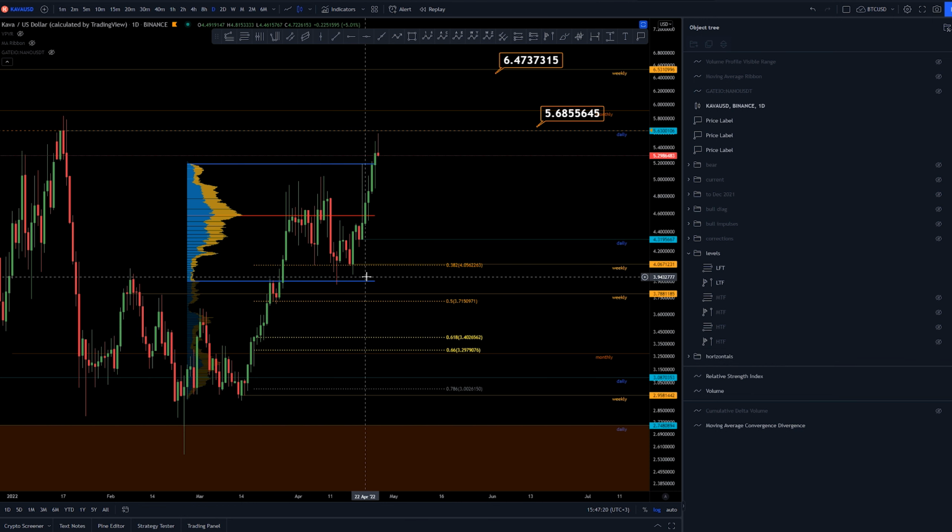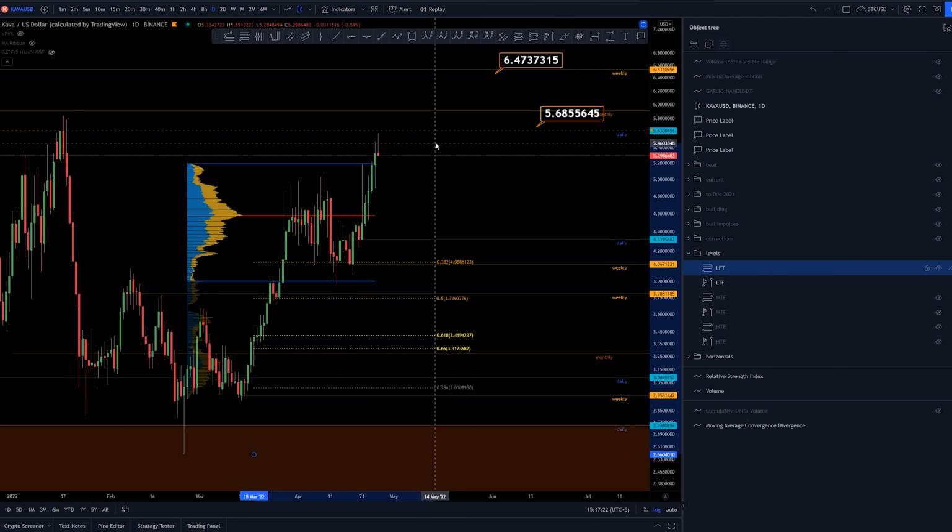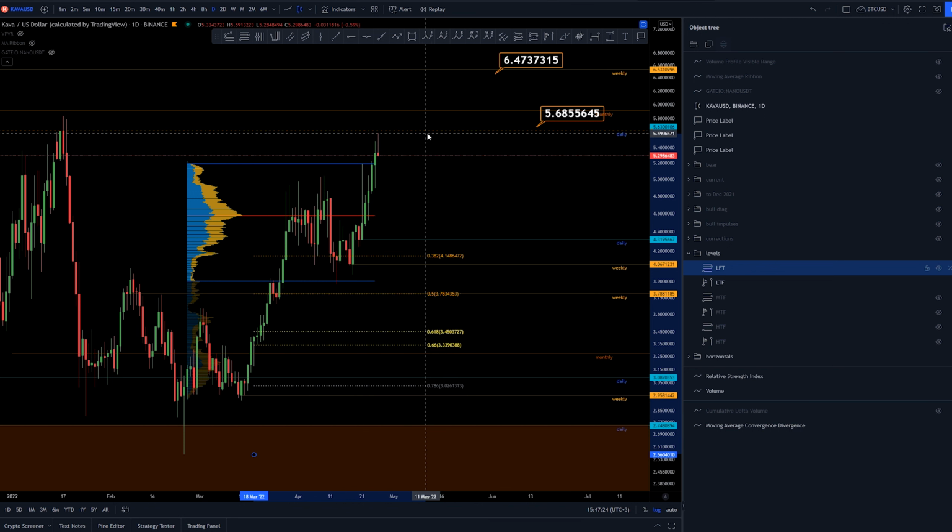We also had that 0.382 retracement there, or have the retracement around that area. But again, if this price continues to go down or upwards, we need to constantly update this fib to see where it lines up properly.